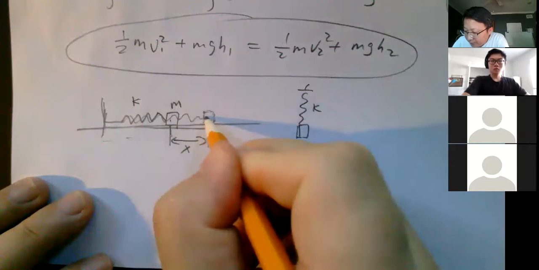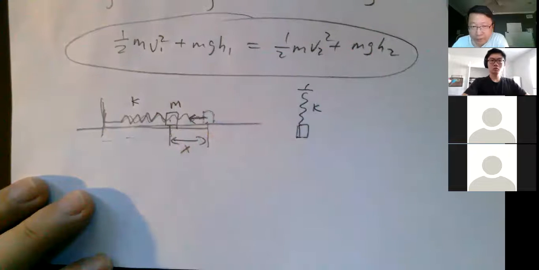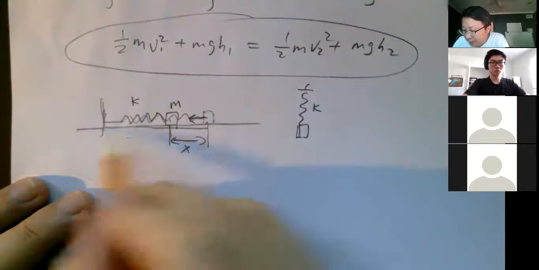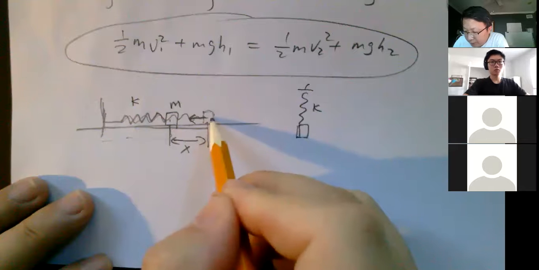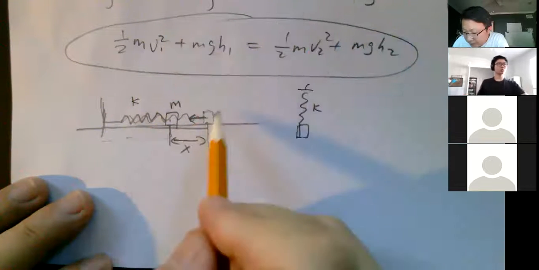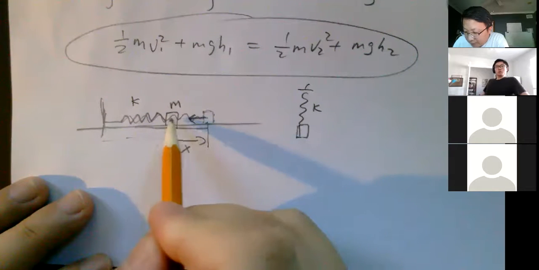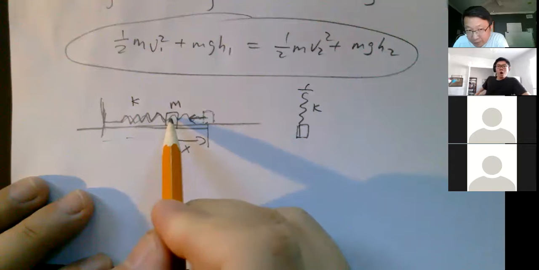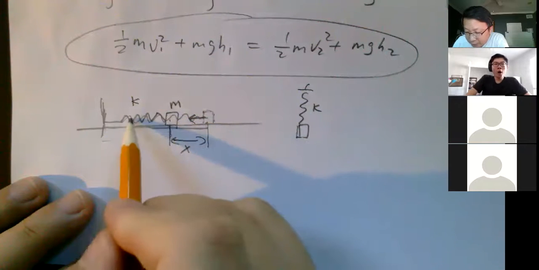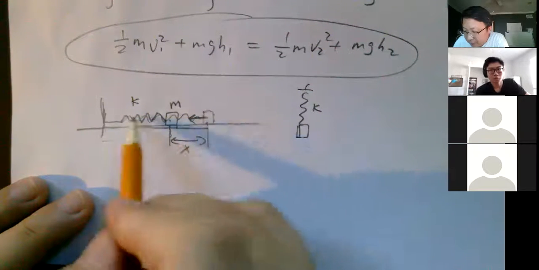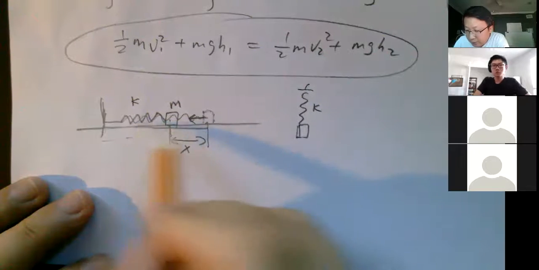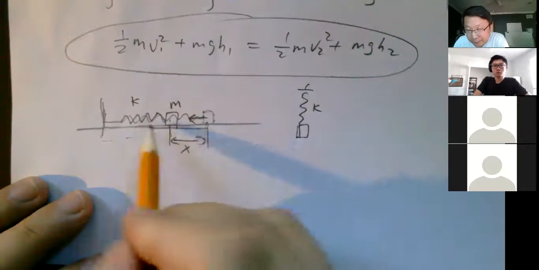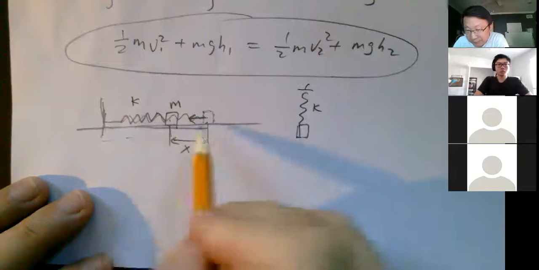Then the spring generates a force trying to pull this block back. And this is a frictionless surface, so if you pull and let go, the block will speed up to here, won't stop here, because it then continues pushing in, and starts to oscillate at this location.